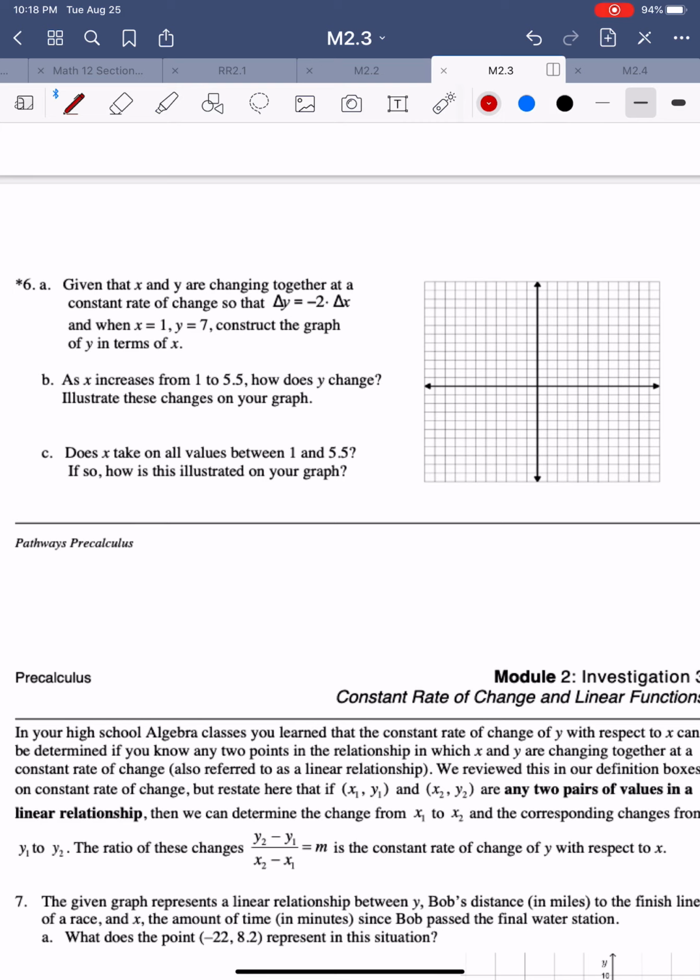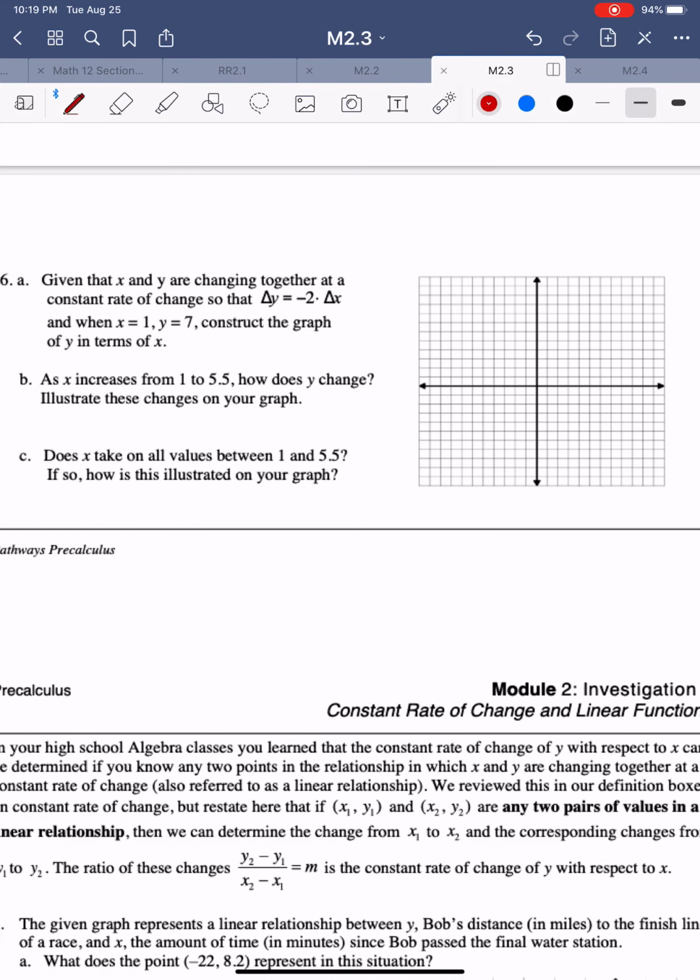The given x and y are changing together at a constant rate of change, that is, delta x equals negative 2 times delta y. Now, when x equals 1, y equals 7. Construct the graph of y in terms of x. So I'm going to make a graph here. Let me plot the point when x equals 1 and y is 7: 1, 2, 3, 4, 5, 6, 7, right here.